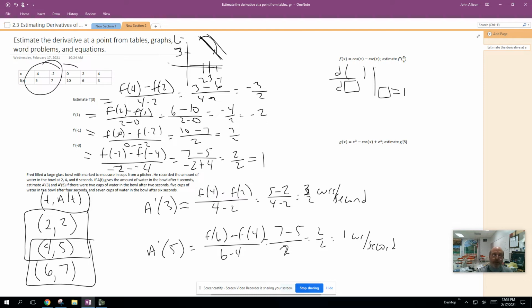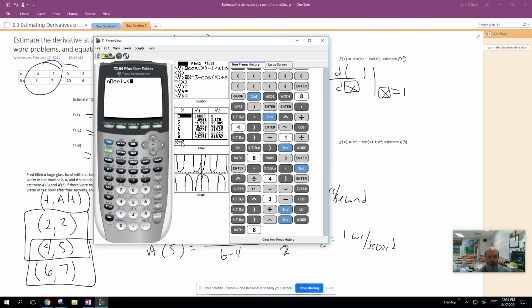The first thing you're going to enter in there is the variable you want to take the derivative with respect to, x. And when you do that, it's automatically going to fill in this box. Now, since I have y1, what we want is f of x in here. But remember, the calculator has it stored as y1.